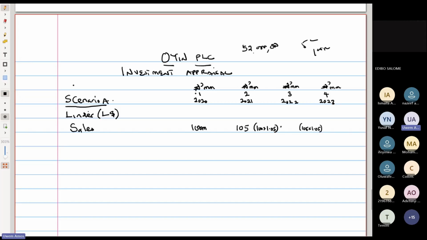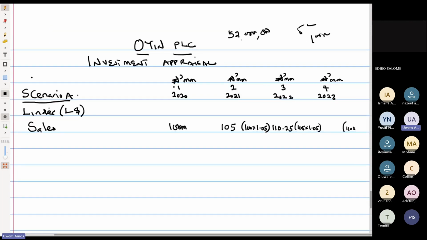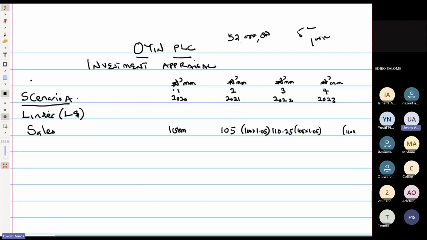That gives us 110.25. The figures are a little thinner right now because I'm trying to fit them into that space. If you have the notes, you can see it clearly, or you can note it down in your own answer.